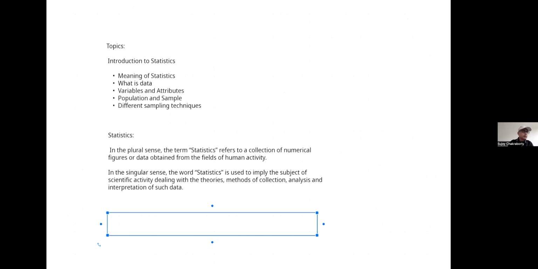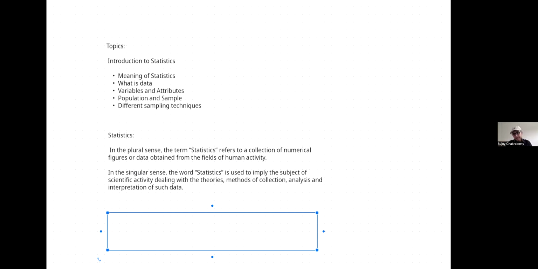Then typically statistics is basically some aggregate of facts, right? It must be some aggregation of facts, and a single fact is of no interest to a statistician, right?